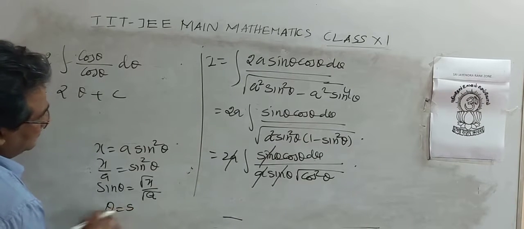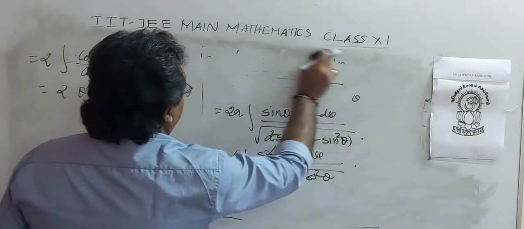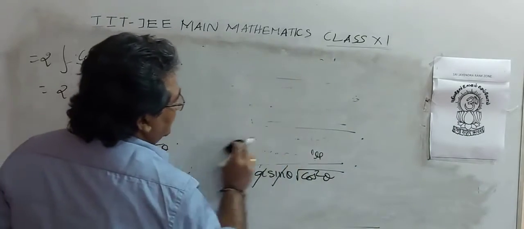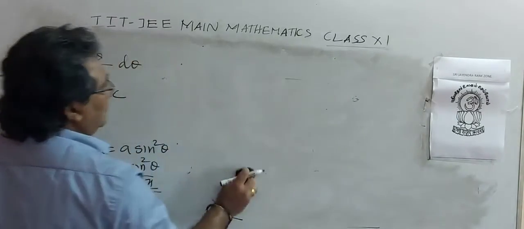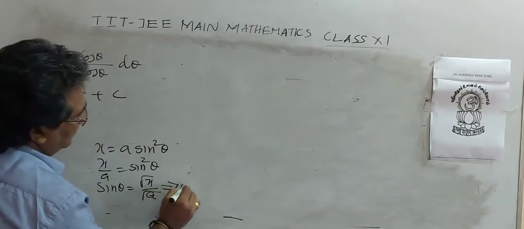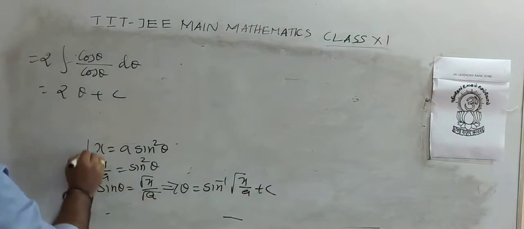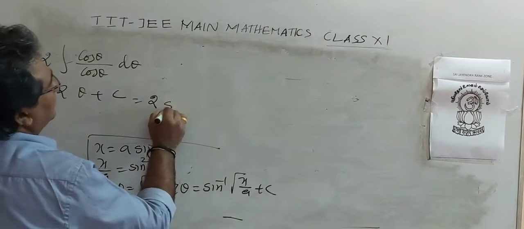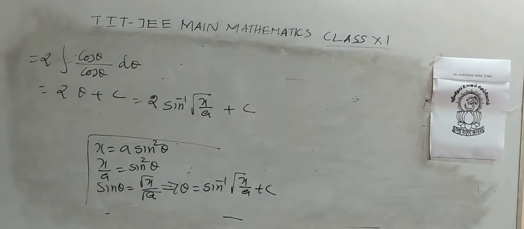Theta equals sin inverse of root x by a, so in place of theta, 2 sin inverse of root x by a plus c.